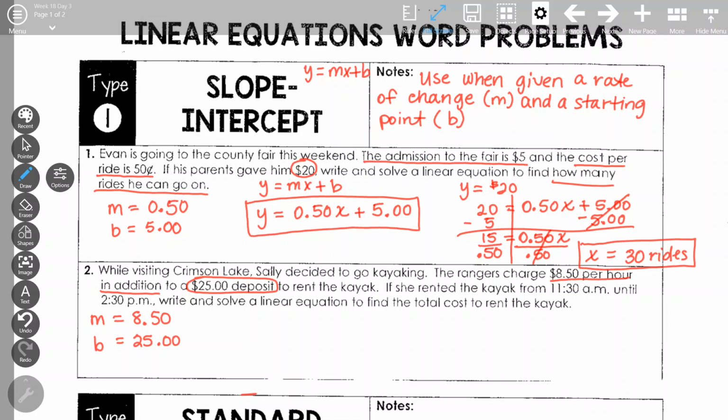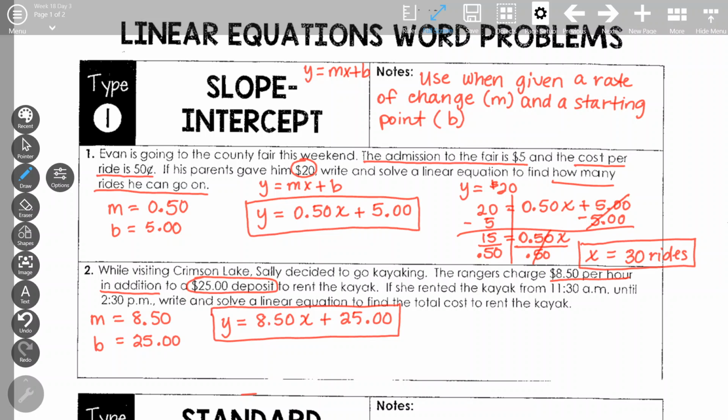Okay? Now, we're going to put that into the formula. So keep your y equals mx plus b. The m is $8.50. Keep your x plus your $25 fee. So that is going to be the equation that we're going to use.